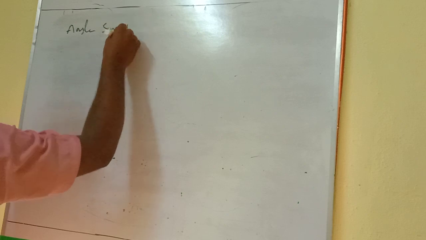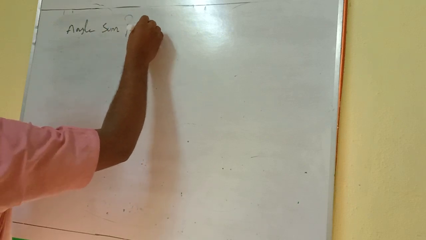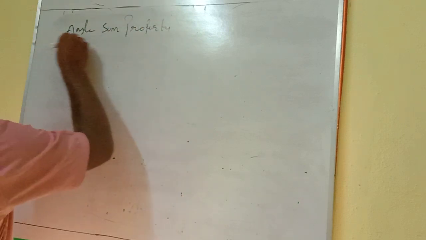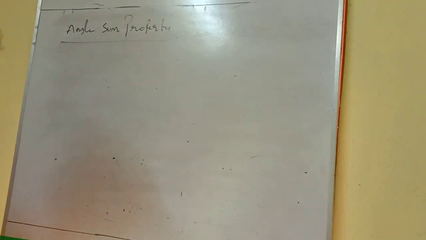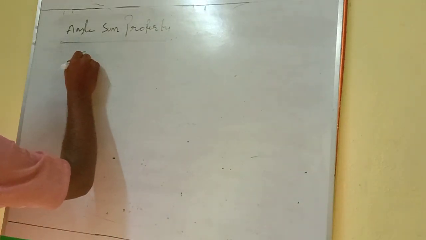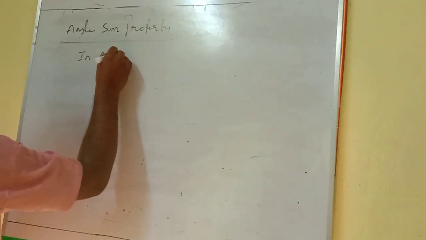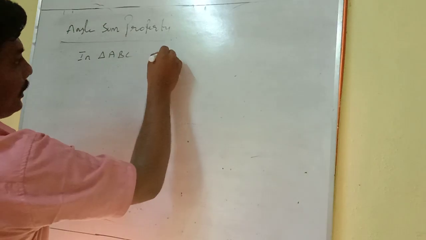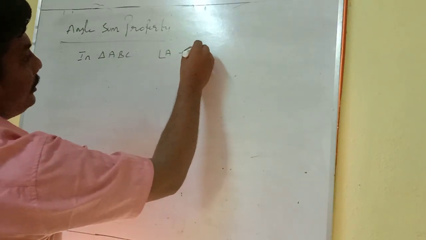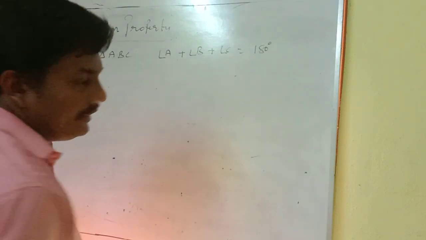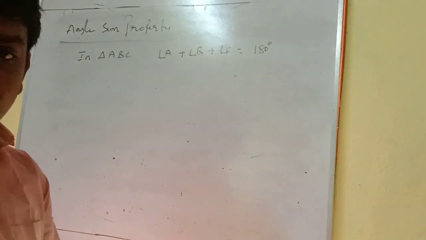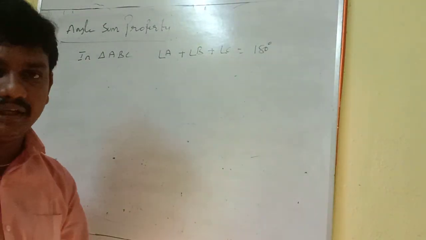Angle sum property means that in triangle ABC, angle A plus angle B plus angle C is equal to 180 degrees.